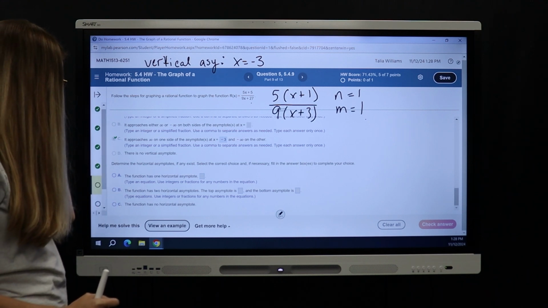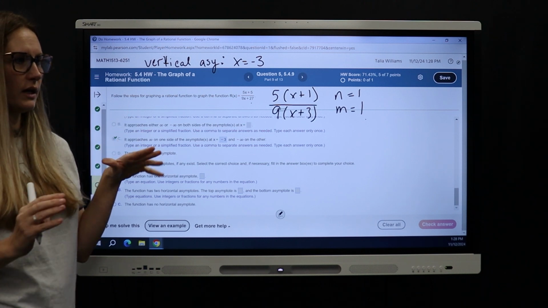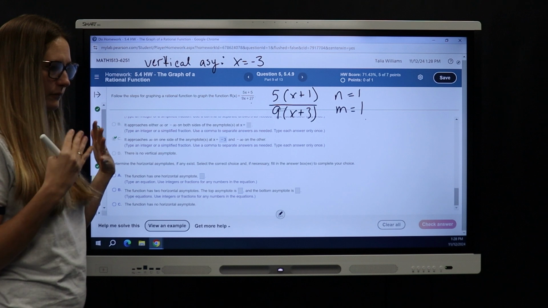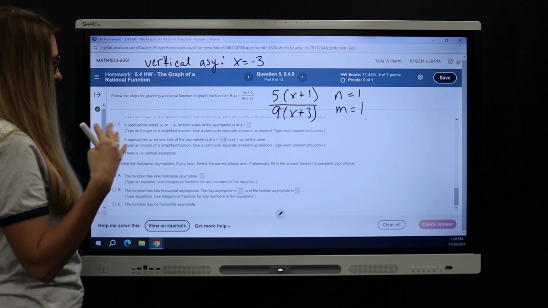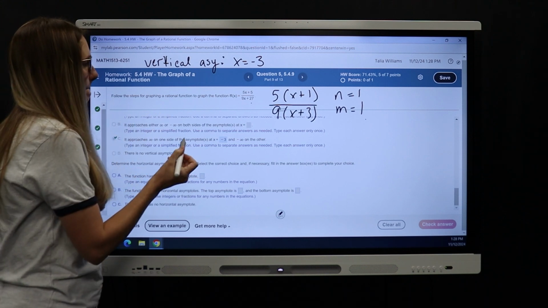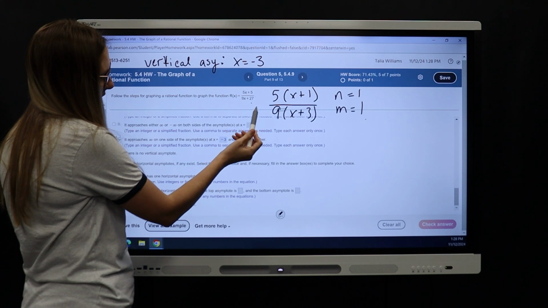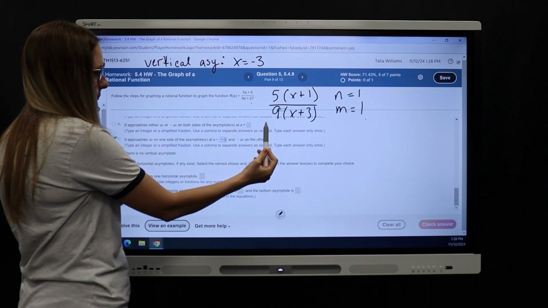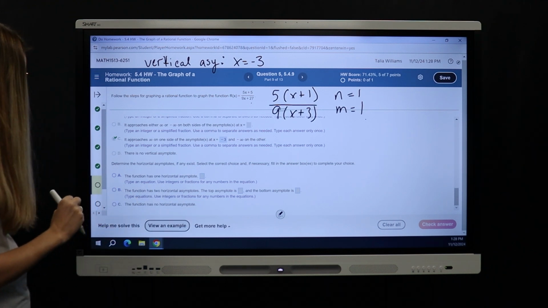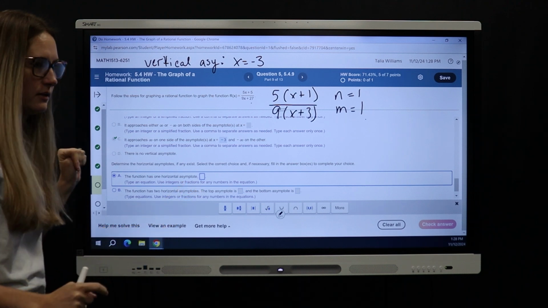So our horizontal asymptote is those leading coefficients, which means whatever is with the highest x, the degree, like if I had an x squared, it'd be what's with it as well. So we'd look at our x's and it'd be the 5/9. It's also what we factored out here, but double check. So 5/9, and since it's an equation, we're going to type in y equals 5/9.